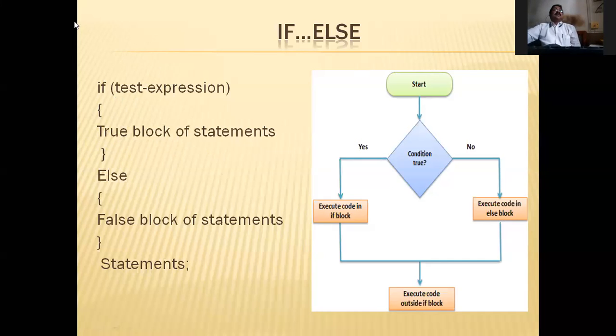If the test expression is false, then the else part will be executed, and the else part may contain the false block of statements. So else is always for when the condition tested is false, that is the otherwise case. So the else part will be executed, that is the false block of statements.